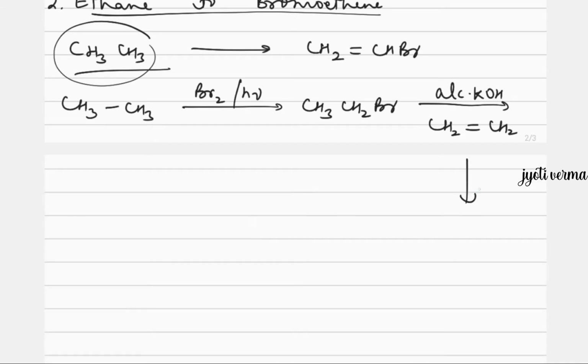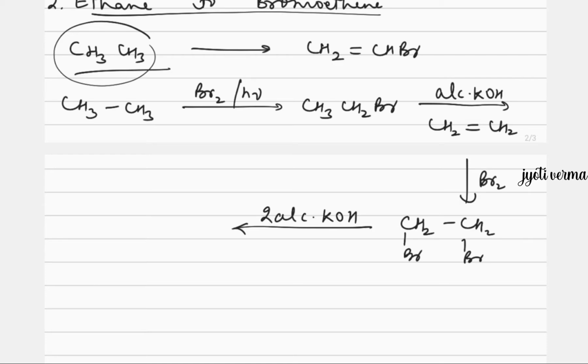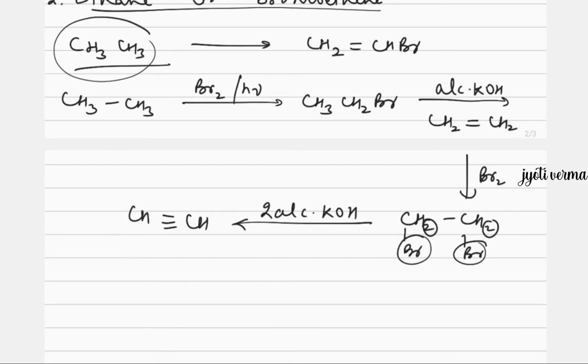We have to add Br2 to it. Then it will be CH2Br CH2Br, 1,2-dibromoethane. Now you do its reaction with alcoholic KOH twice. 1 HBr, second time again HBr. So we will be left with CH triple bond CH.